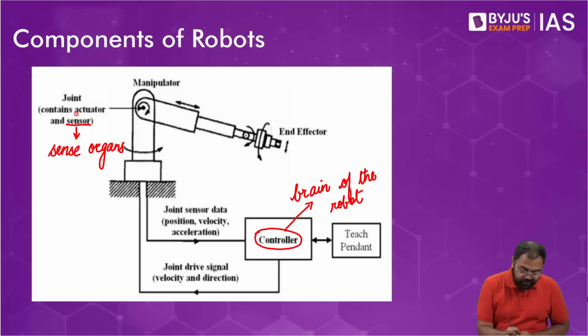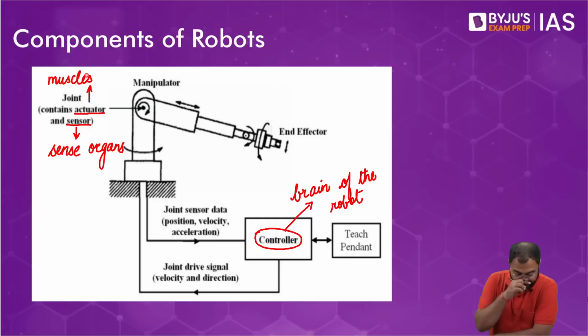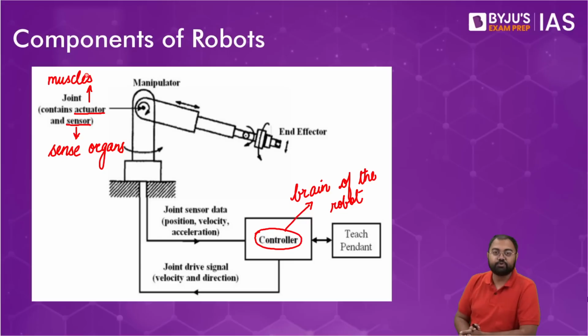Then after that we have actuators. Now these actuators are called the muscles of the robot. The reason why they are called muscles of the robot is because they help in movement, the movement of the manipulator and the end effector, by converting the stored energy into mechanical work.